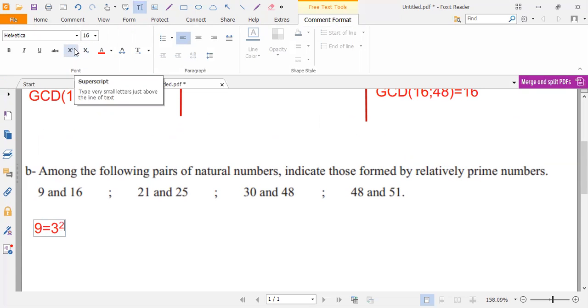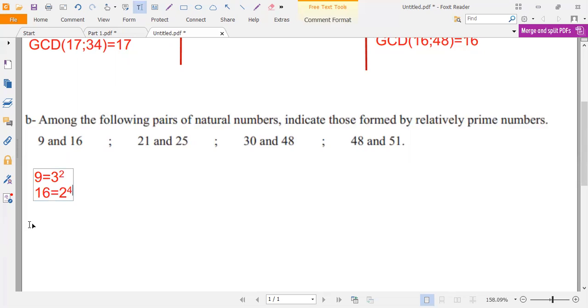And we know that 16 is equal to 2 to the power 4. So the GCD of 9 and 16 is equal to 1, and they have no common divisor.